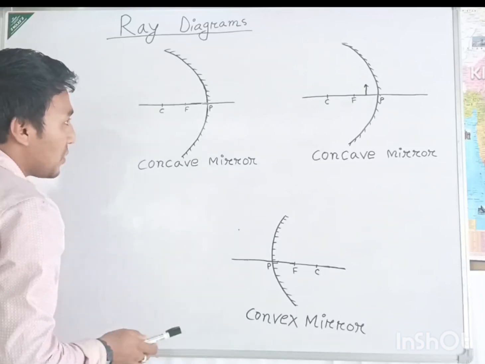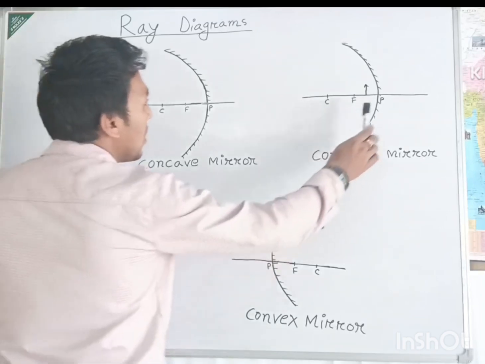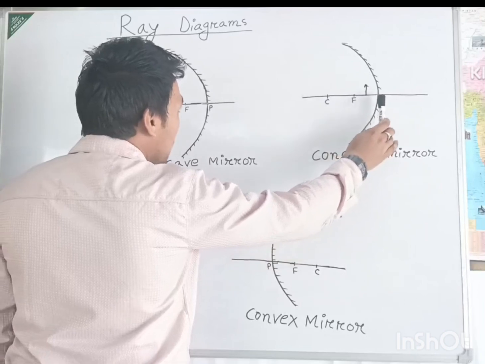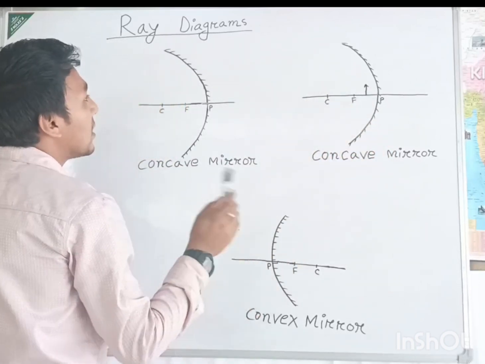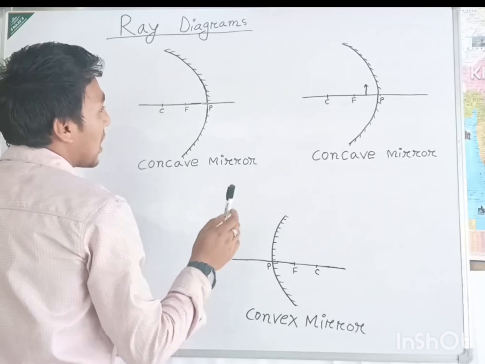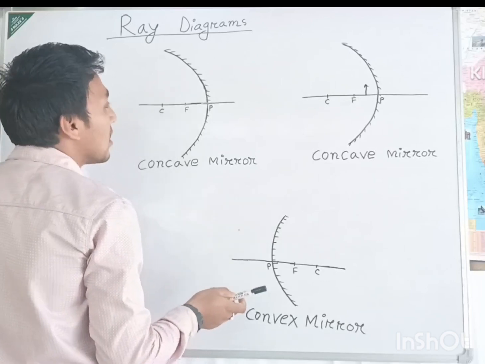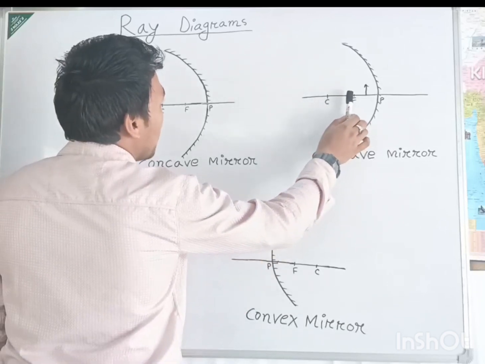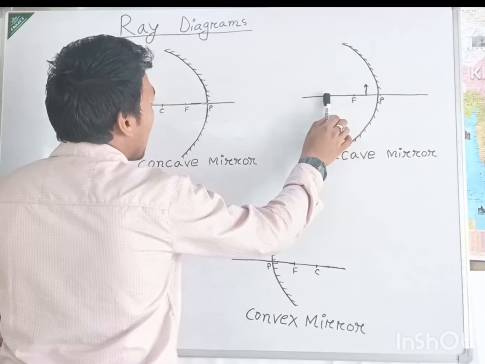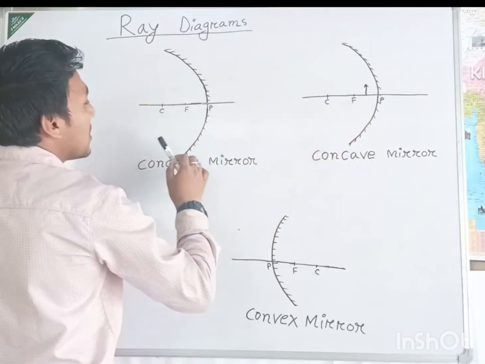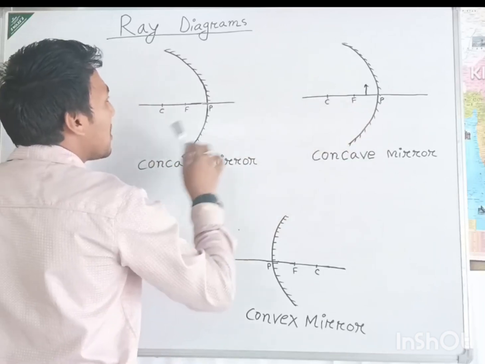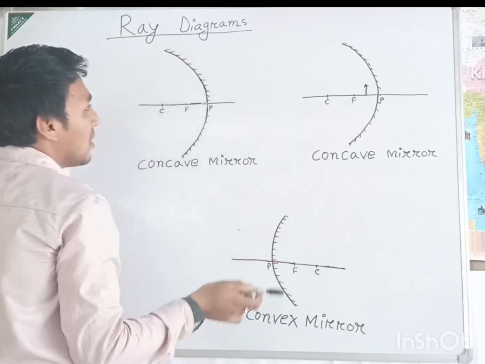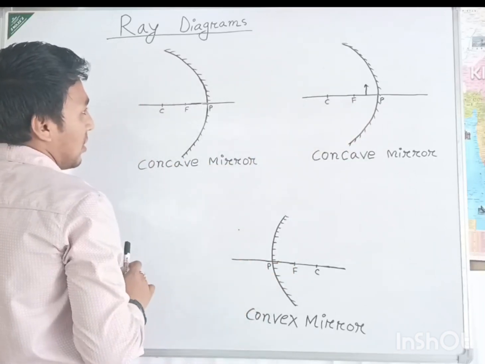Remember, whenever you keep the object in between pole and focus, then you will get the virtual image in a concave mirror. Other than this, if you keep it in between focus and curvature, or beyond this curvature, or from this point on the left side, wherever you keep, you will always get the real image.